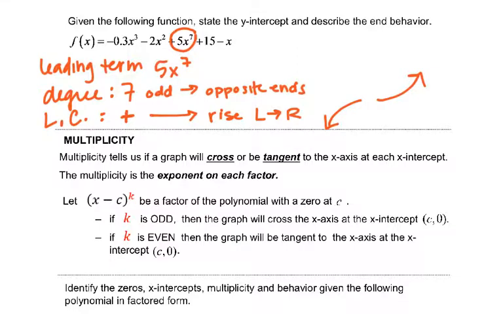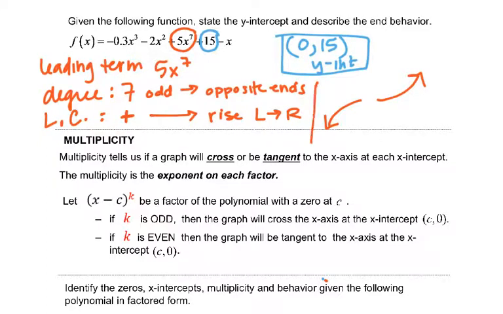So it starts on the left pointing down, and then as it goes across the page, it rises to positive infinity. And then, of course, the y-intercept comes from the constant term. So my y-intercept is 0, 15. Okay? So what would you need to state? On your homework, you'll see little gestures that look like this.